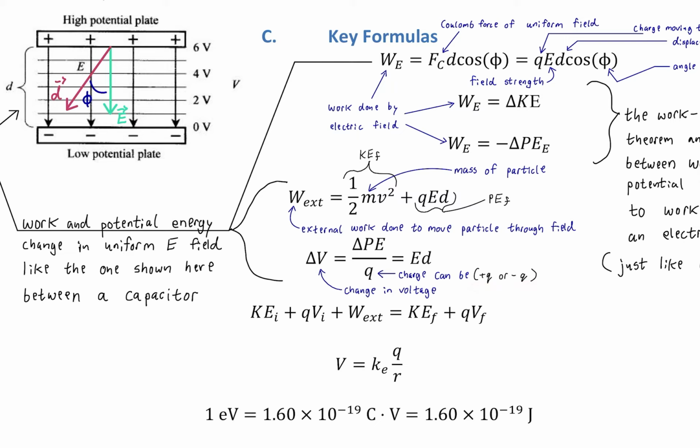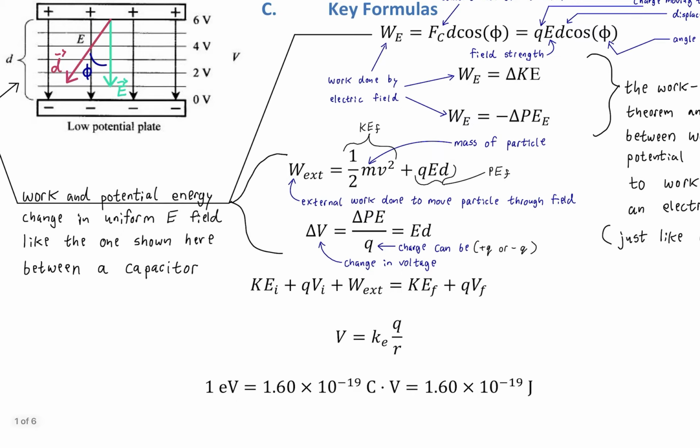Because of course, moving a positive charge over positive voltages will increase its potential energy, but moving a negative charge over a positive voltage change will decrease its potential energy, okay? Because what is downhill for an electron is uphill for a proton, to use that elevation analogy.